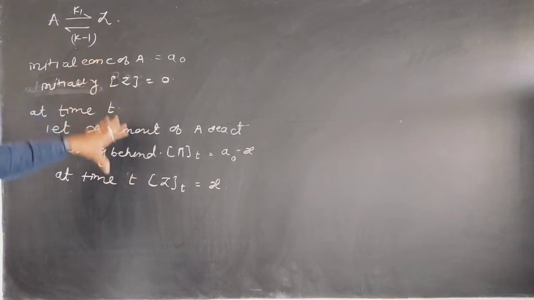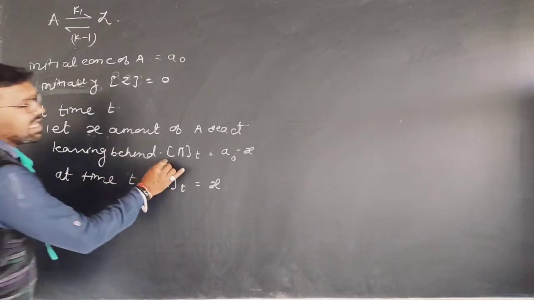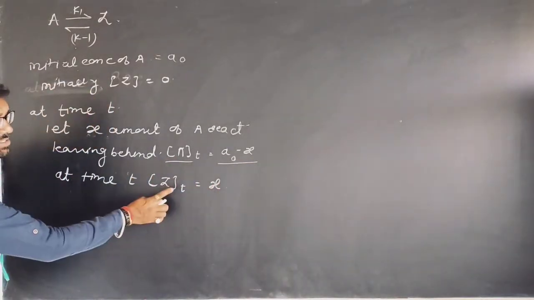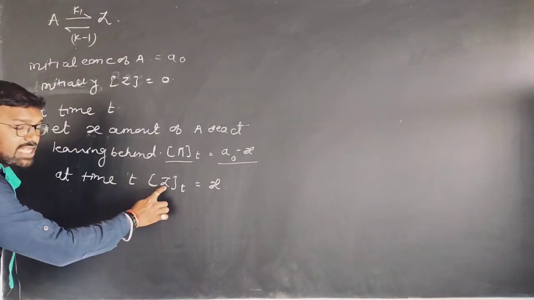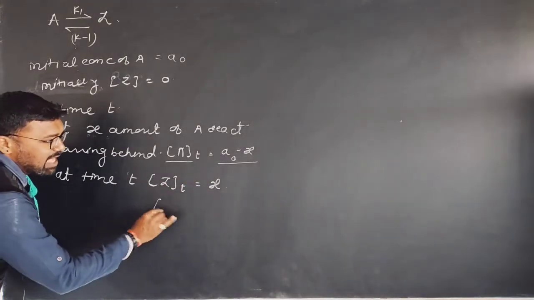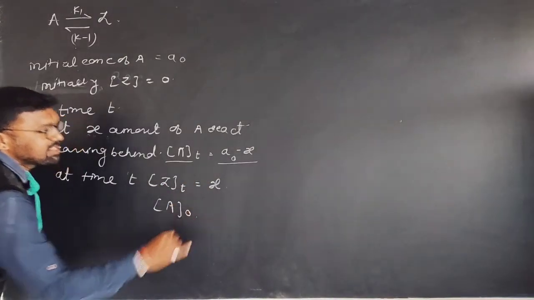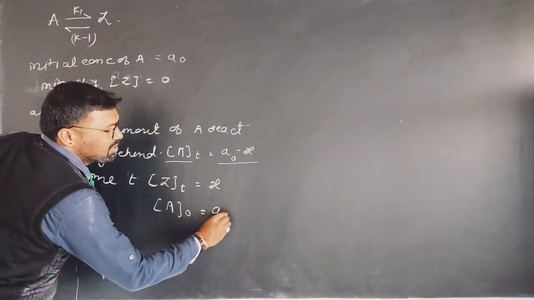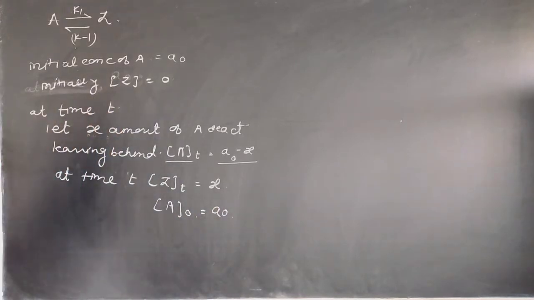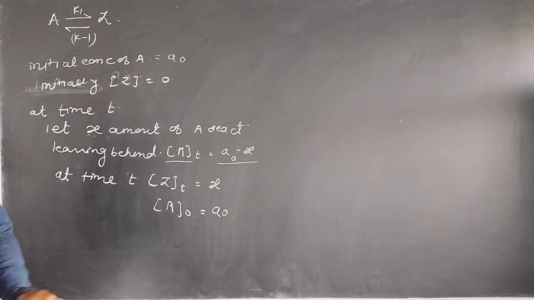These are the important basic things. You can write here At is equal to A0 minus x, and Zt is equal to x, where A0 is the initial concentration. These are the important things regarding this derivation.